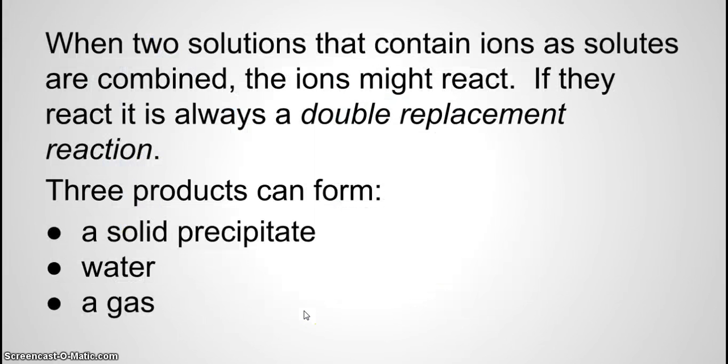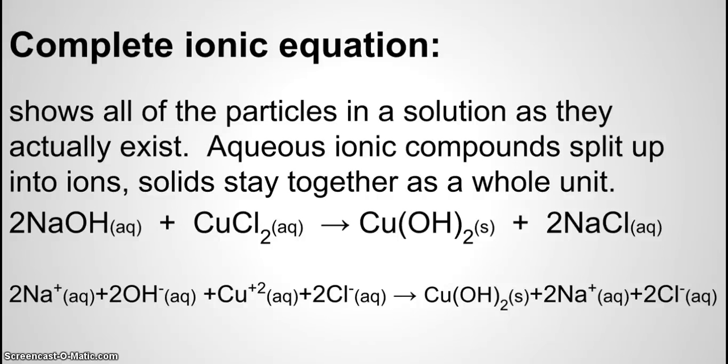Okay, when two solutions that contain ions as solutes are combined, the ions might react. If they react, it's always a double replacement reaction, where we can get either a solid precipitate, water, or a gas. And we've seen how we can get a solid precipitate. What we're going to look at next is how to focus on what that product is that we're getting.